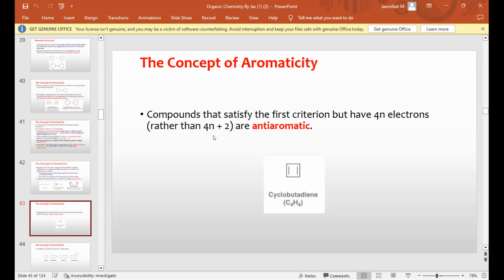If we put 1 here, it's going to be 4, so it's anti-aromatic. I don't know if I'm explaining it properly, but it must obey Huckel's rule.